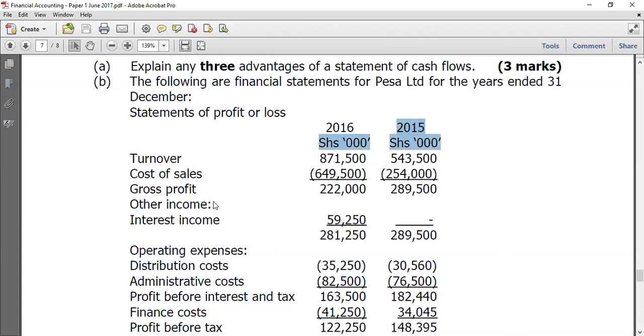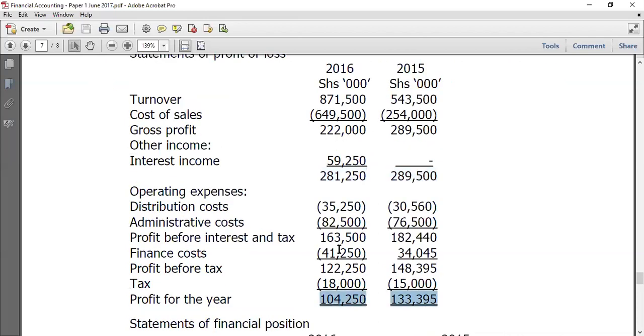Now, as you can see, they go ahead to give us a turnover. This is like a statement of profit and loss. So they give you a turnover, cost of sale, they even give you gross profit, and then they also give you total income here. Then they also have what we call profit for the year, okay? Now, like we said, when we are starting our cash flows from operating activities, we start with a profit for the year.